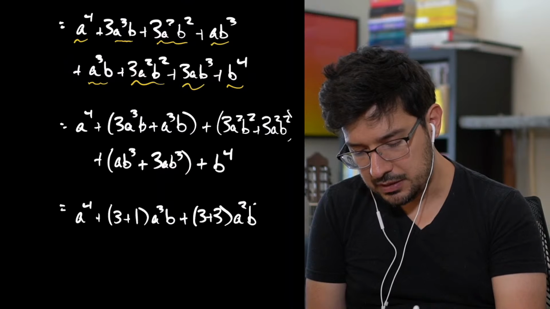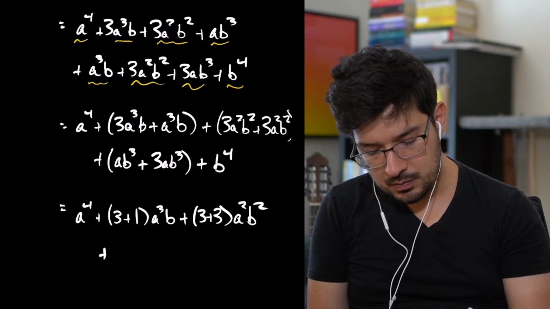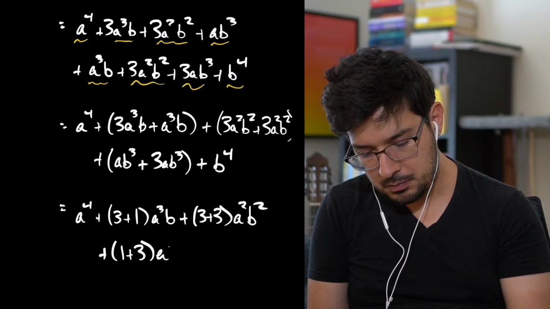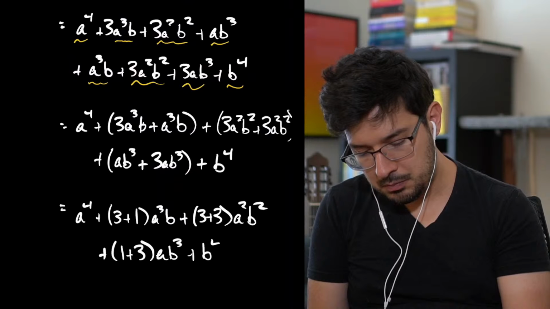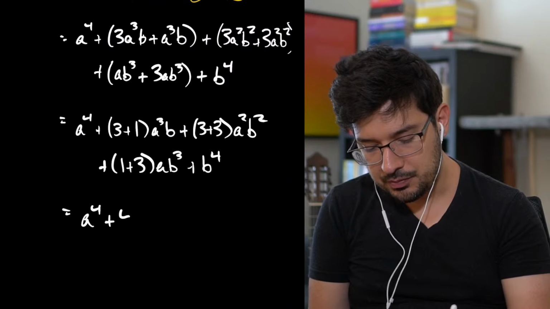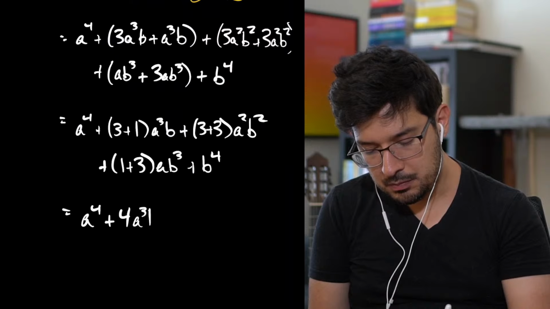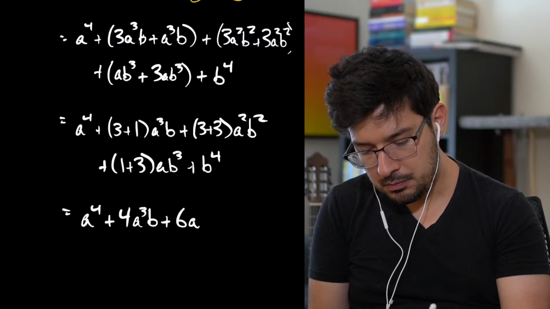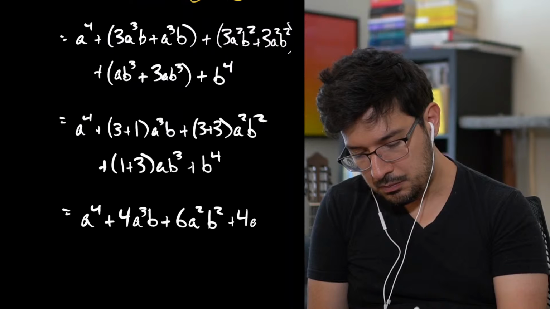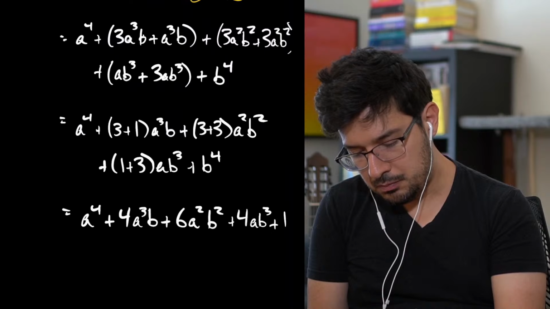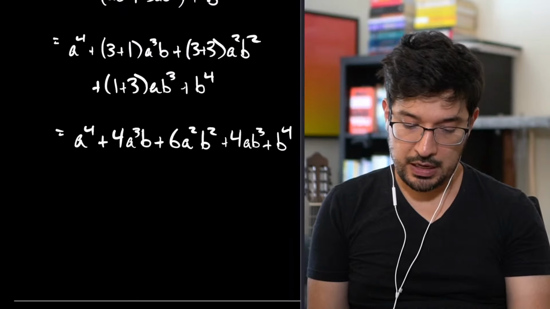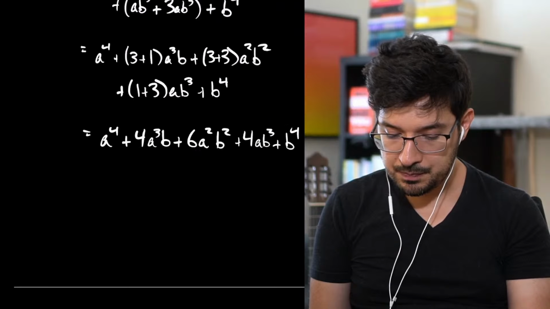A squared b squared and finally we can add those numbers. Cool. And I'm pretty confident that that is correct.